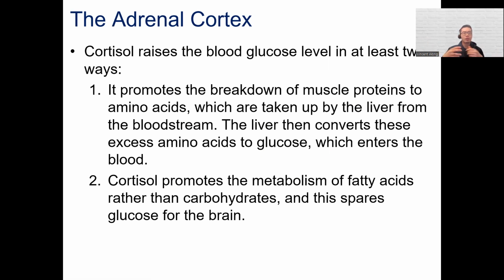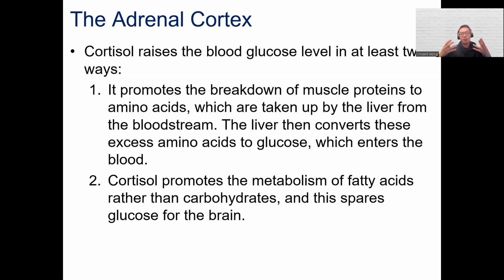That's called gluconeogenesis, right? And the cortisol will also promote the breakdown of fats into glycerol and fatty acids, and then the fatty acids can be chopped down into two-carbon units, and these things can be fed into the Krebs cycle and different parts of the metabolic pathway, right?